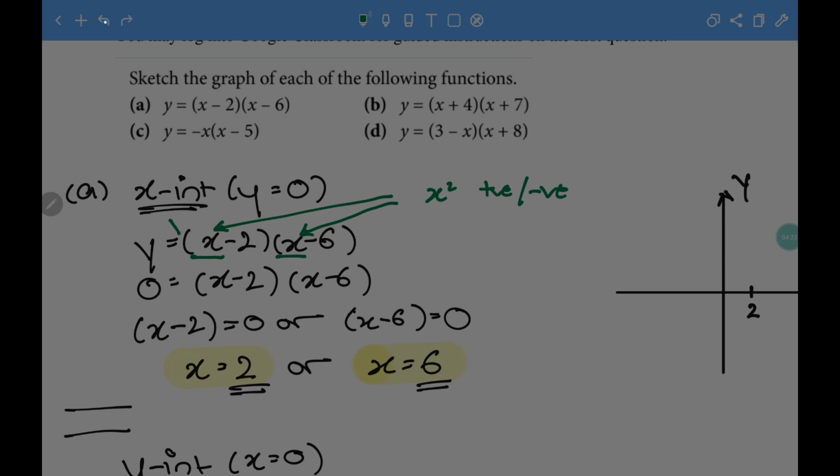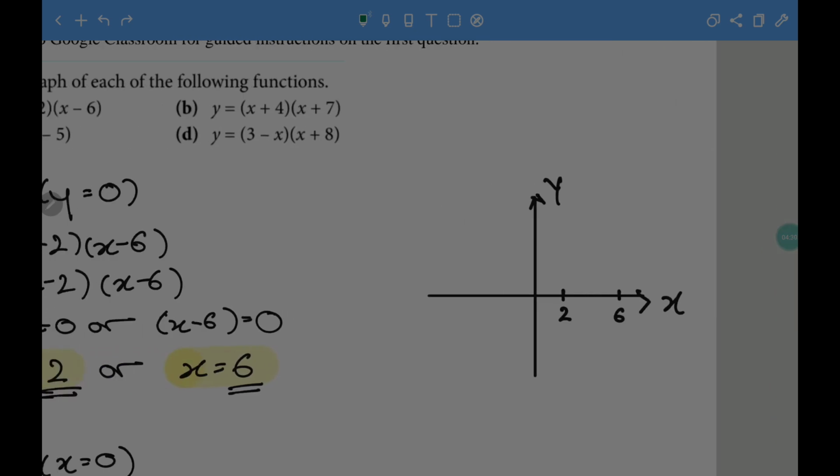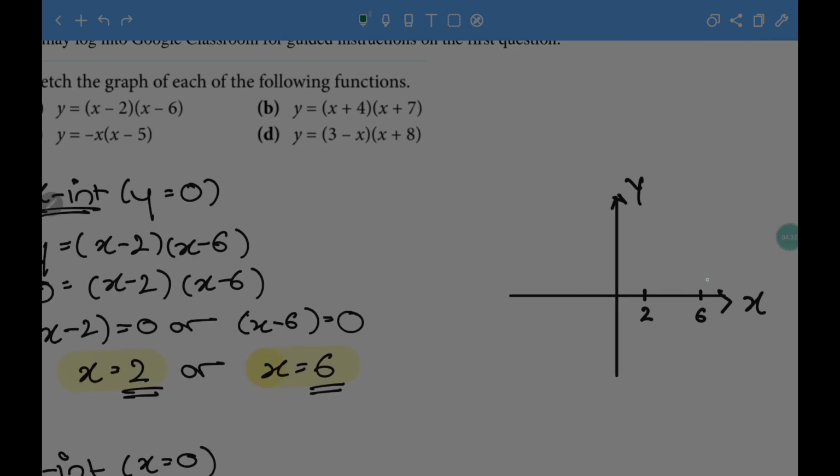So it's going to be a positive x squared. Positive x squared is a smiley face, so therefore a U-shaped curve. So let's sketch a U-shaped curve that has to pass through these 2 points. It is definitely going to look like this.